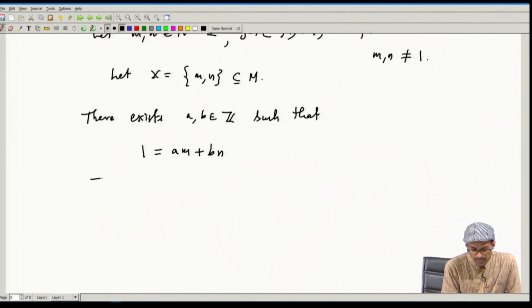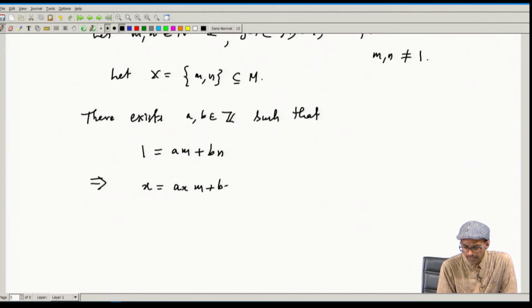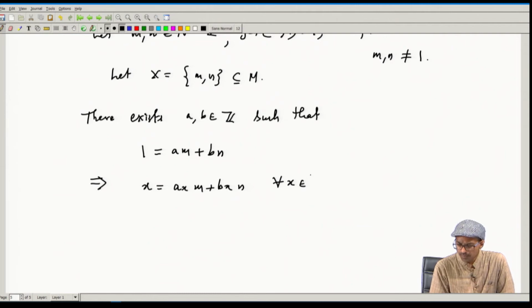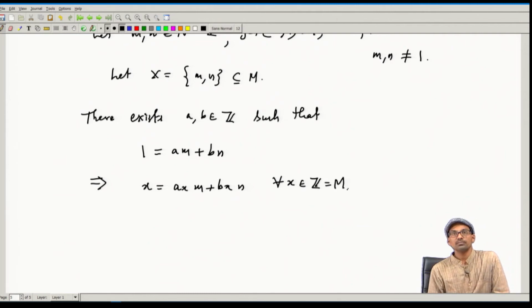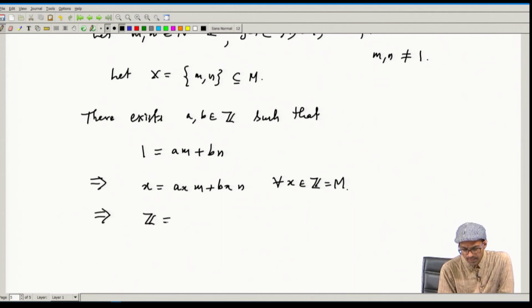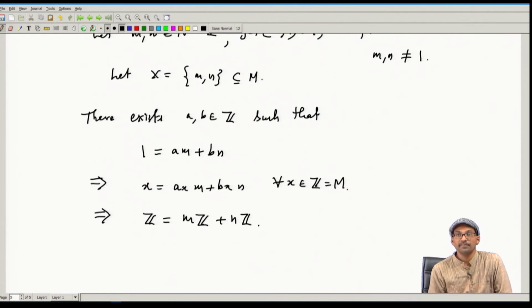So, that means if I take x, this is equal to axm plus bxn for any x belongs to Z. Our Z is M. So, that means that we can write Z is equal to mZ plus nZ.